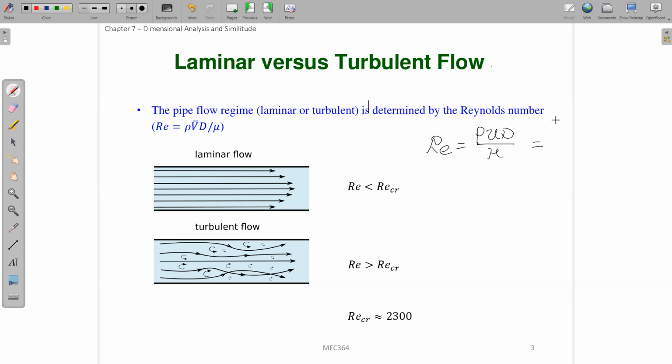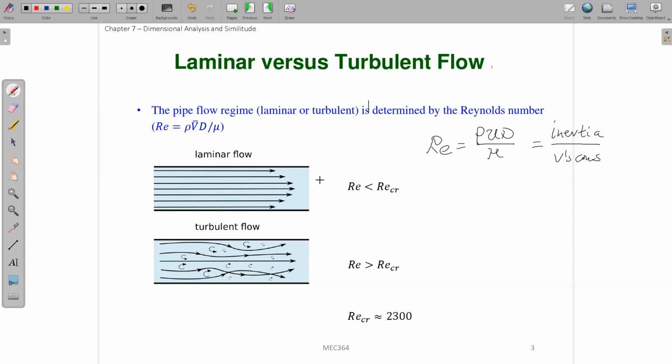So it will be the inertial force over the viscous force. When the Reynolds number is small, which means that your viscous force is dominant, you have laminar flow. When the Reynolds number is very large, which means that your inertial force is much larger than the viscous force, then you will have turbulent flow.